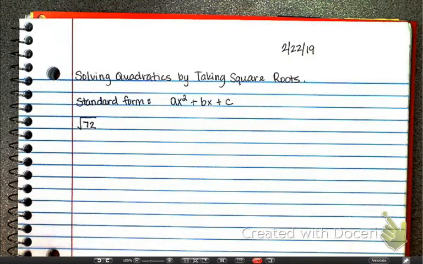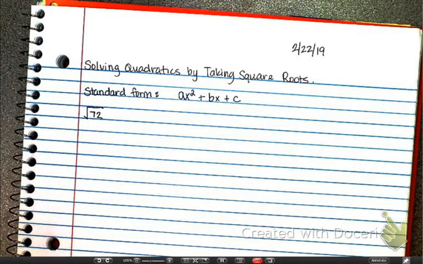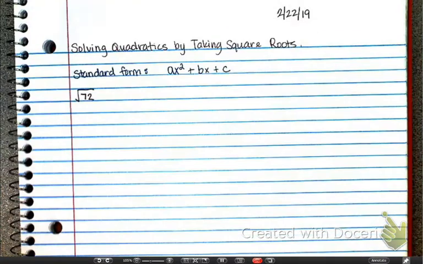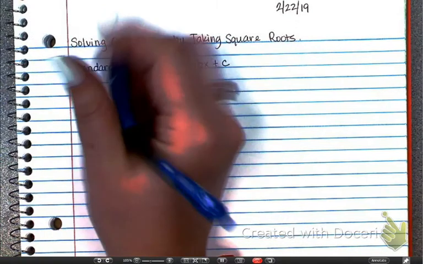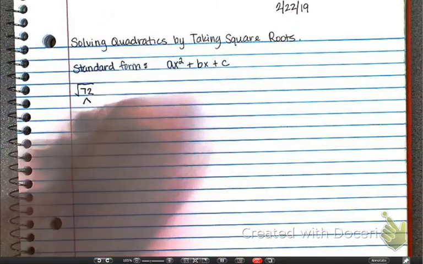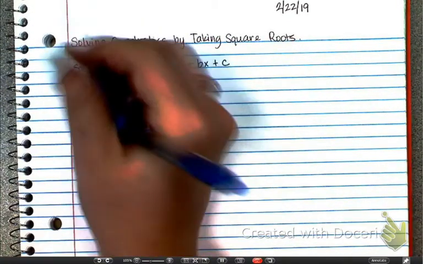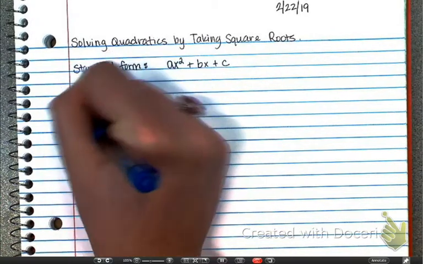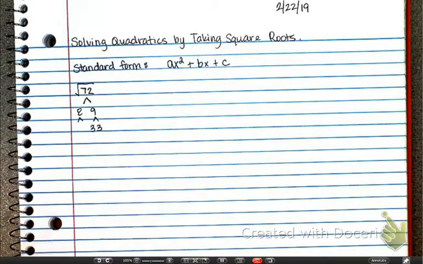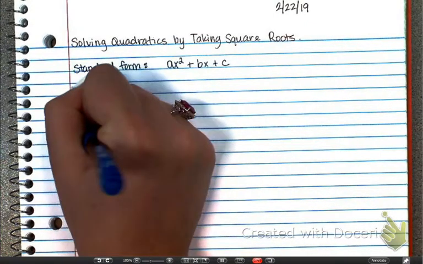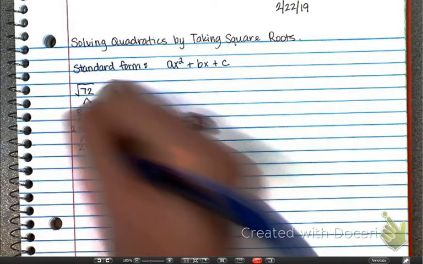So someone walk me through how you simplify the square root of 72. Go ahead. I did a factor tree. 8 and 9. Okay. And then 9 goes down to 3 and 3. And then 8 goes down to 2 and 4. And then the 4 goes down to 2 and 2. Perfect.